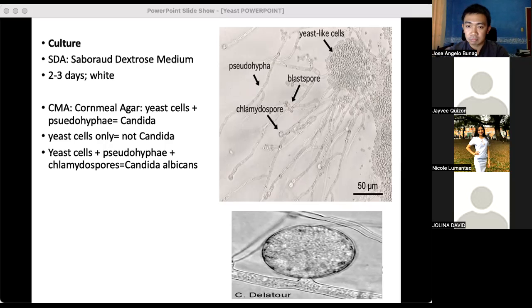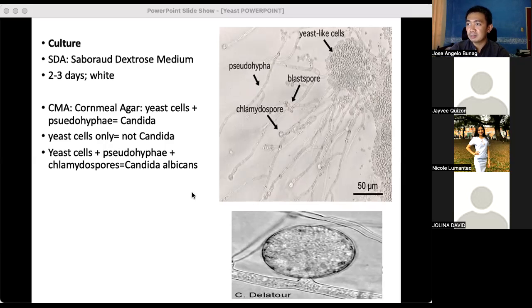The positive appearance for Candida albicans in chrome agar is usually yellow to green to blue-green colonies. There is a color change because our culture medium is a chromogenic culture medium with chloramphenicol as the inhibitor.